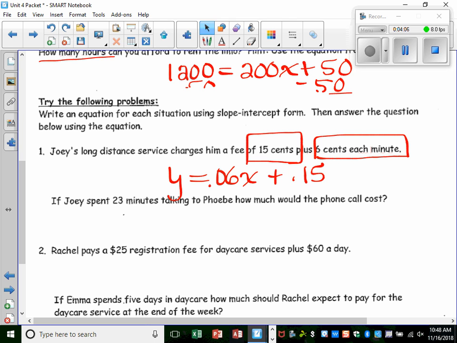It says if Joey spent 23 minutes talking to Phoebe, how much would the phone call cost? So we're going to replace, because x represents the number of minutes, so we're going to say 0.06 times 23 plus the 15 cents, and I would like you guys to figure out how much that would cost talking for 23 minutes.